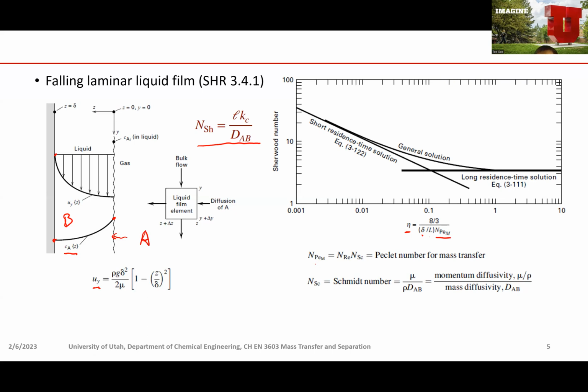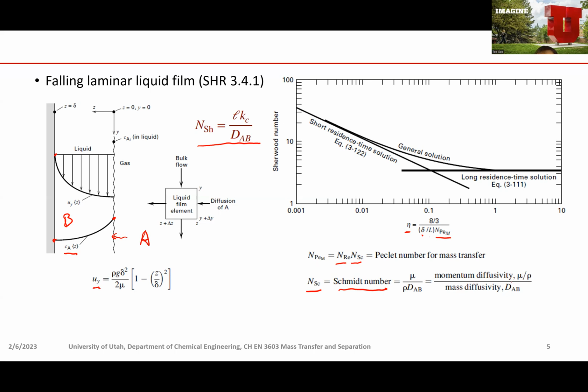The Peclet number for mass transfer is the product of the Reynolds number and the Schmidt number. And the Schmidt number, Nsc, is the ratio between momentum diffusivity, which is mu divided by rho, and mass diffusivity, DAB.